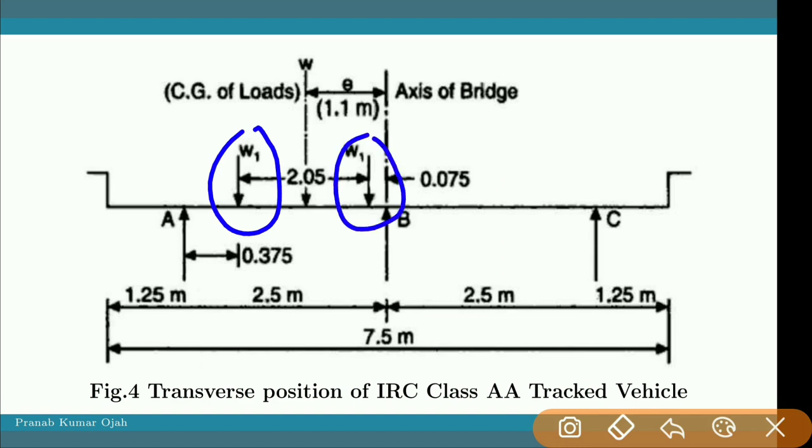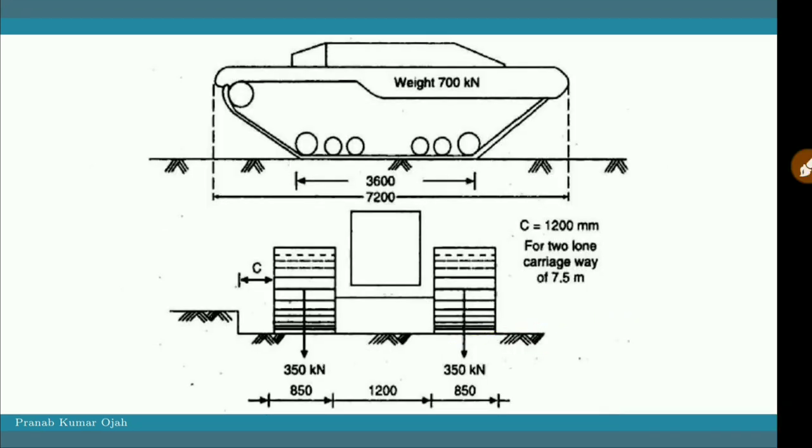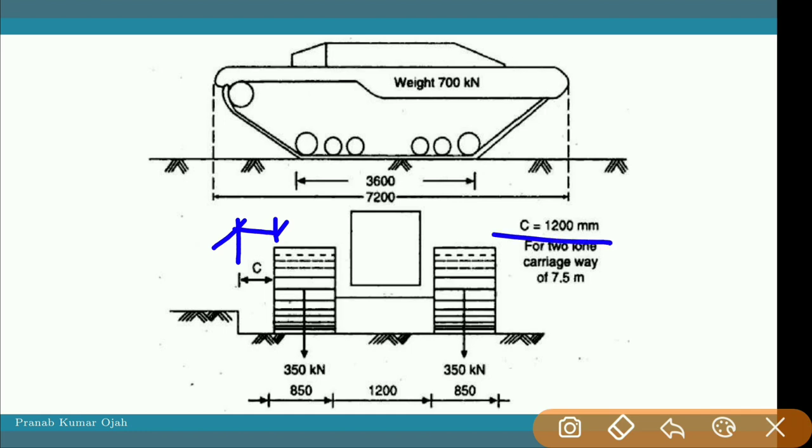First of all, we have to understand these dimensions. For this IRC class A loading, from the edge of the pavement or the bridge to the face of the wheel or track, the distance is 1200 mm.